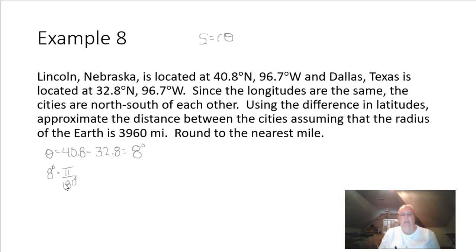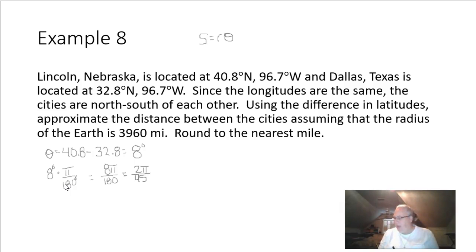The degrees will cancel. This will give me 8 pi over 180. And let's see, 4 can go into 8 2 times. And 4 can go into 180 45 times.